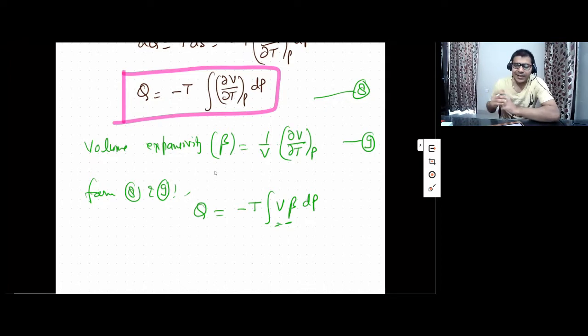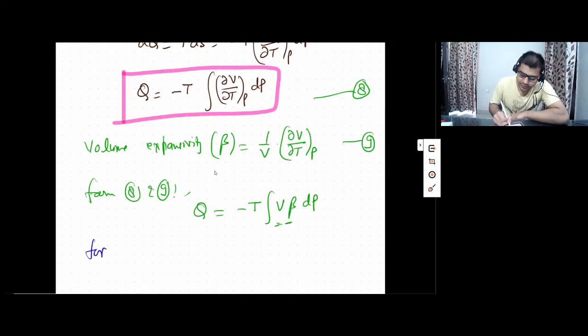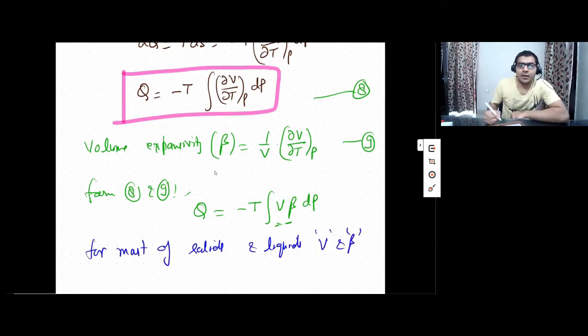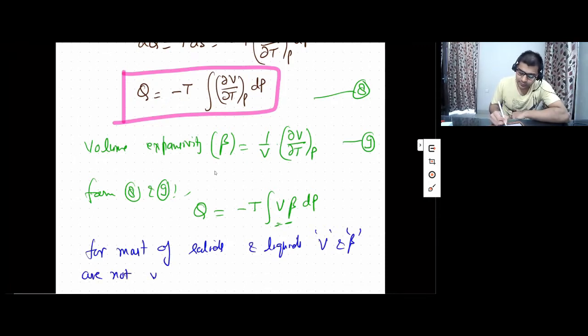So they can be treated as constants. For most solids and liquids, V and beta are not very sensitive to pressure change.